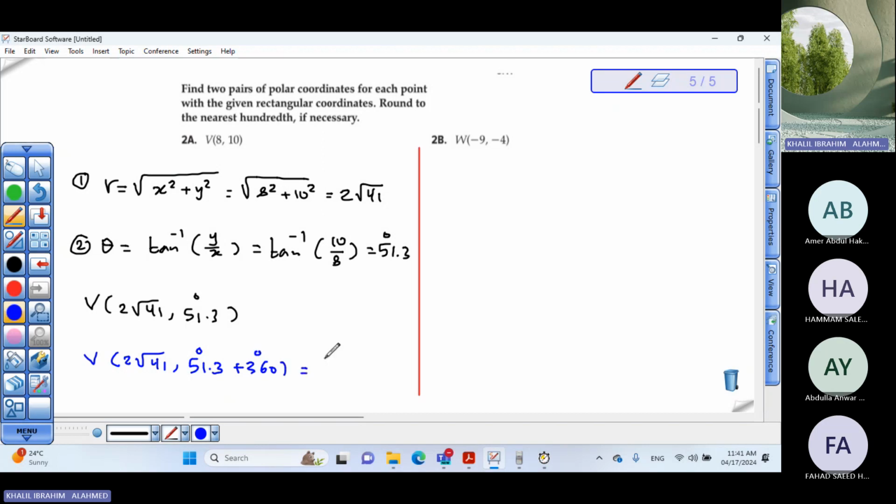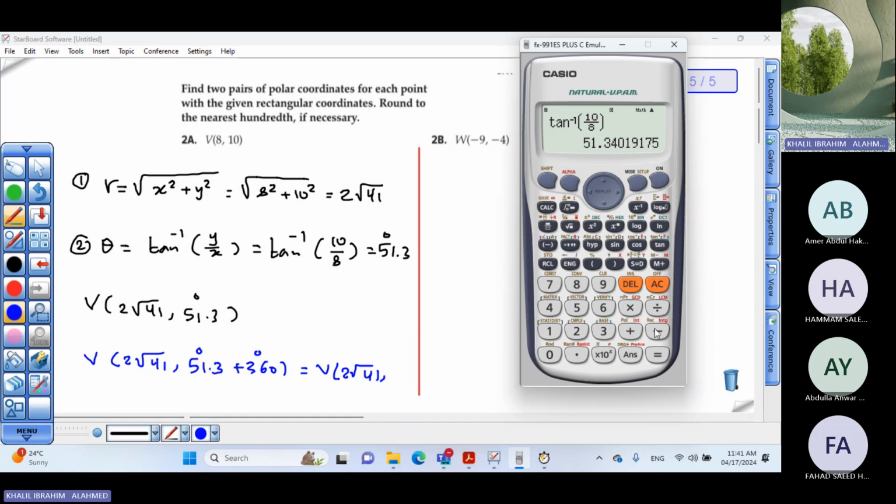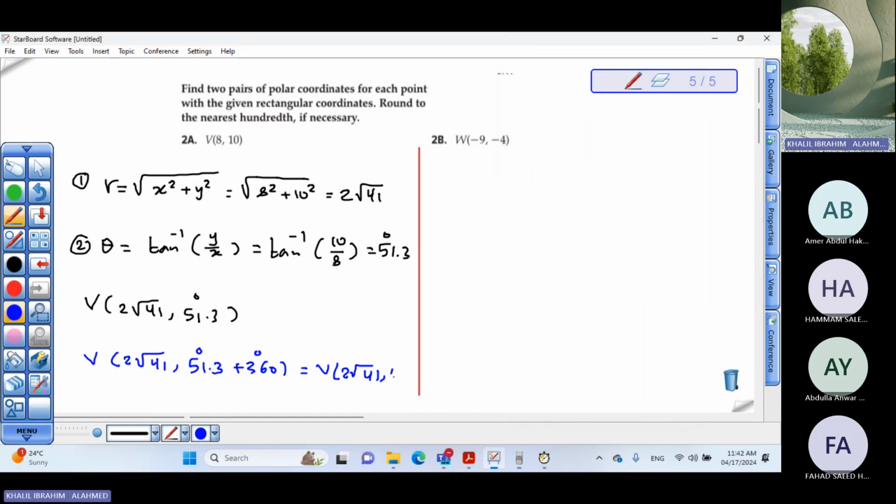The answer is 411.3 degrees. This is the second. We have found 2 pairs: pair 1 and pair 2.